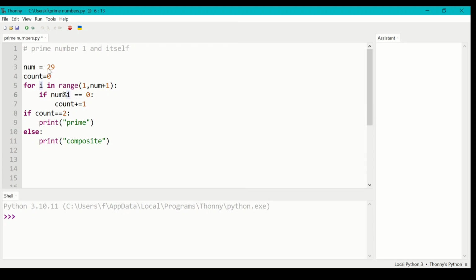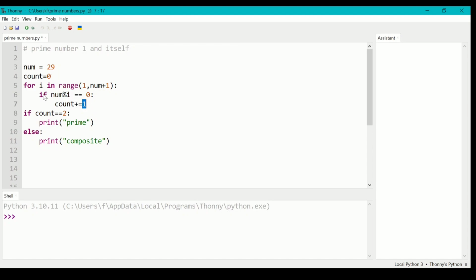We are going to divide this number by the range of 1 to number, here 29, and check how many times it satisfies this condition. As many times as it satisfies the condition, the count will increase, right? For 29, it is satisfied with 1 with remainder 0 and count becomes 1.